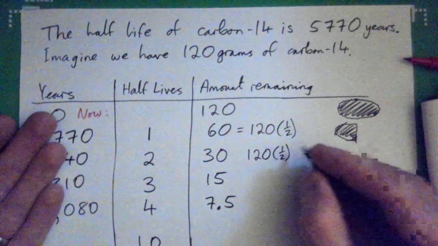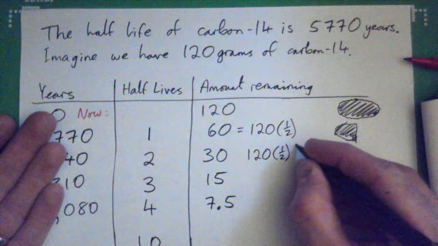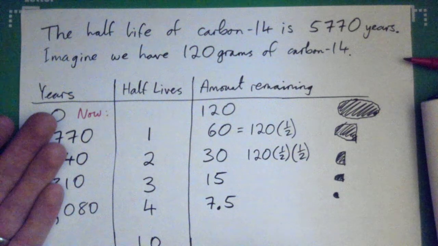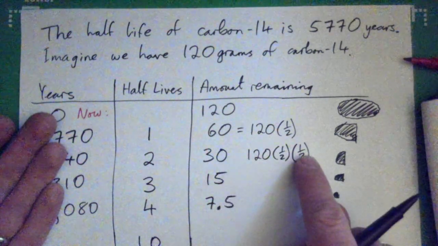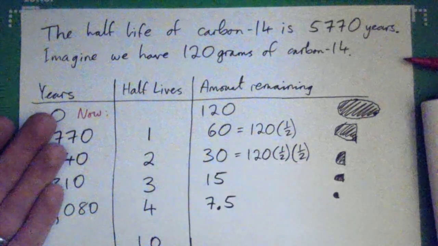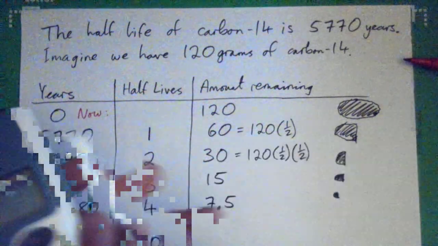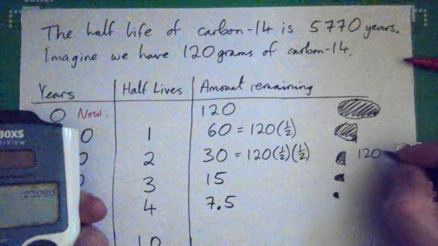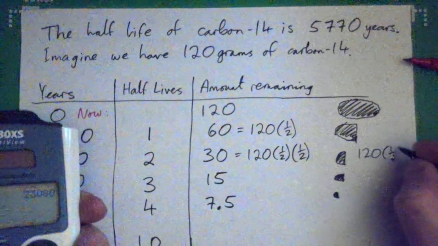60. Yeah. And what's 120 times a half and then times a half again? Right. Because that's 60 and then times a half, that gives us 30, right? So to get the 30, we could do 120 times a half squared.